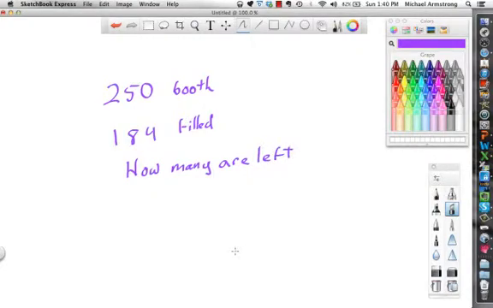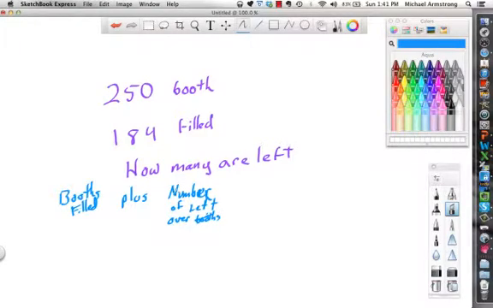Okay, so we're going to use some words first, and then we'll change it to math. We have booths filled. And then we're going to add the number of remaining booths, the number of leftover booths.